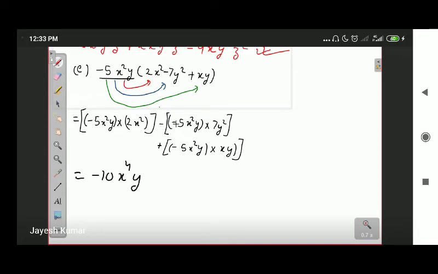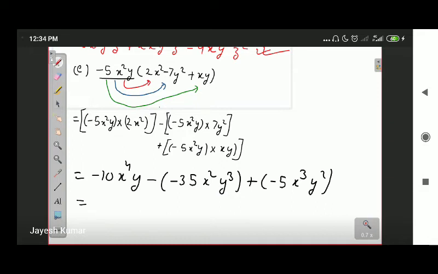Minus into minus plus, 5 into 7. Let me make it more elaborate. Minus inside the bracket, minus 5 into 7 will be minus 35. X square into nothing is x square, y into y square is y cube, plus minus 5 into nothing is minus 5, x square into x is x cube, y into y is y square.